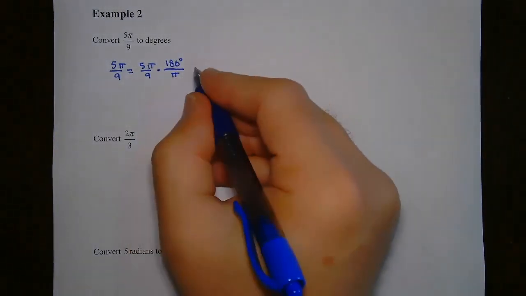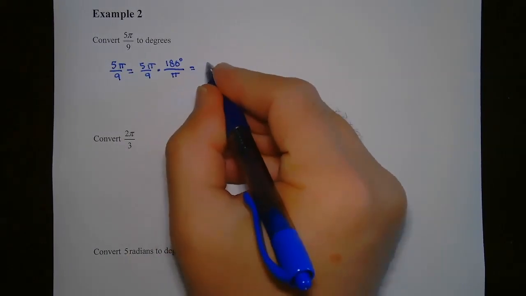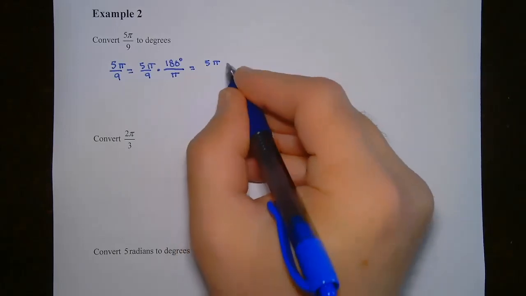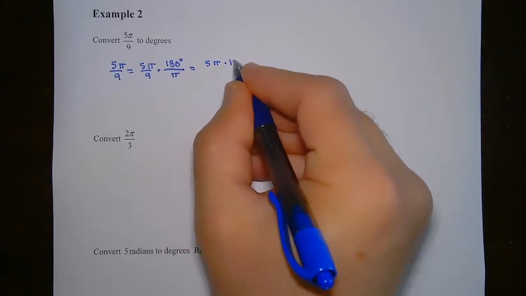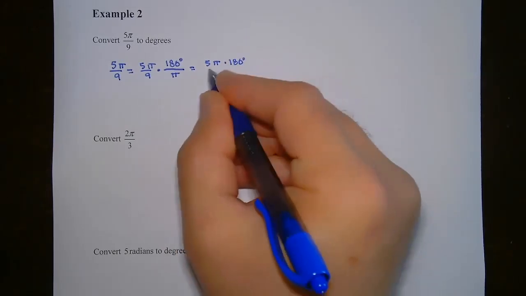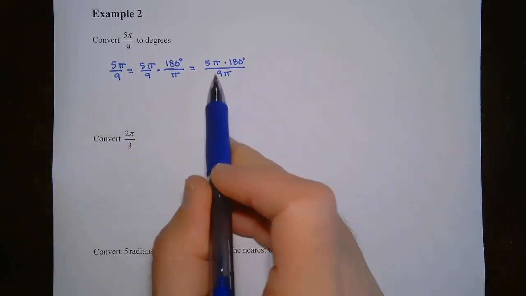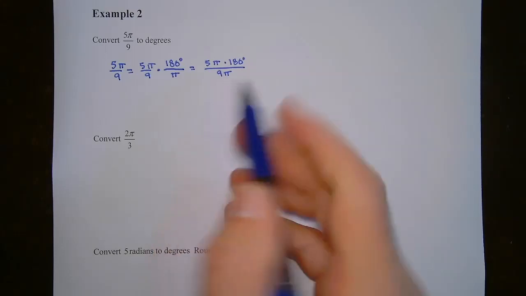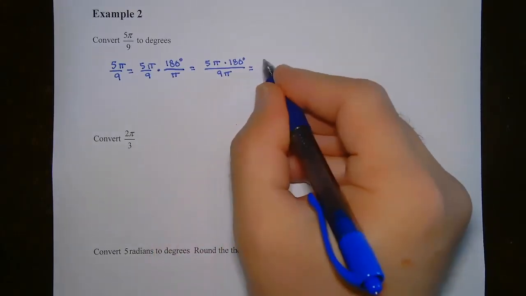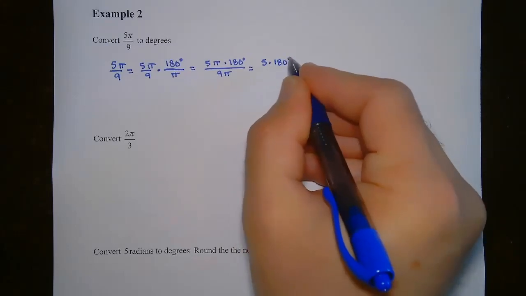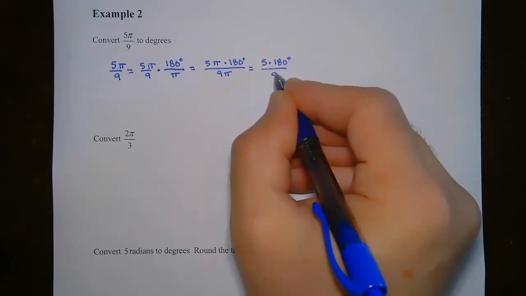Now watch what happens, okay? So this is going to be equivalent to 5 pi times 180 degrees over 9 pi, right? And what happens now is my pi's are going to cancel, and I'm going to be left with 5 times 180 degrees divided by 9.